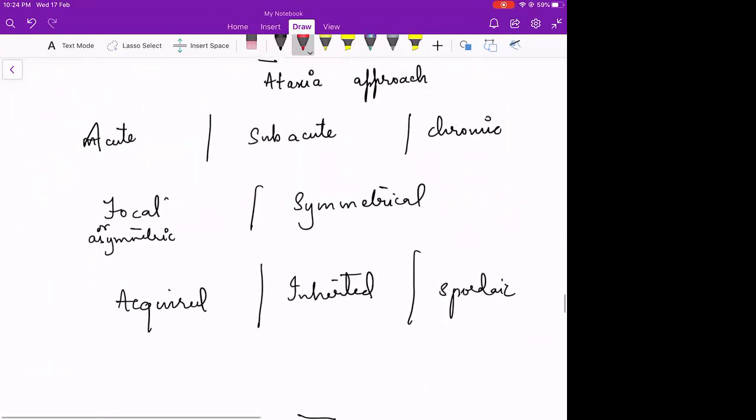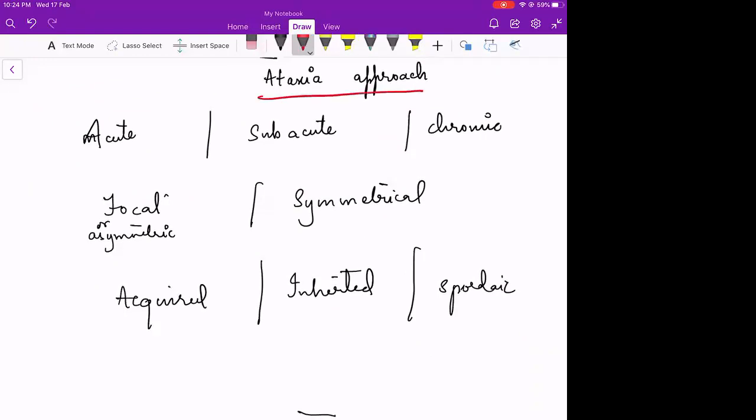So as a whole, how do we approach an ataxia? We know which type we have classified it into, and we have come to the part where the ataxia is happening. Now we have to note the mode of onset and progression: acute, subacute, and chronic.